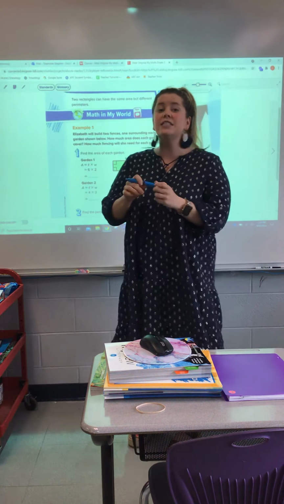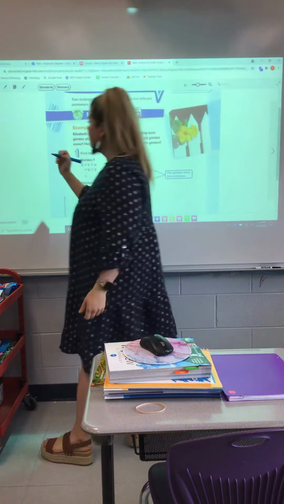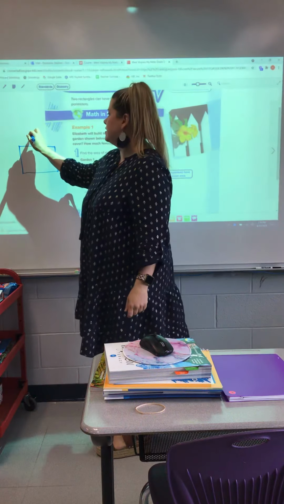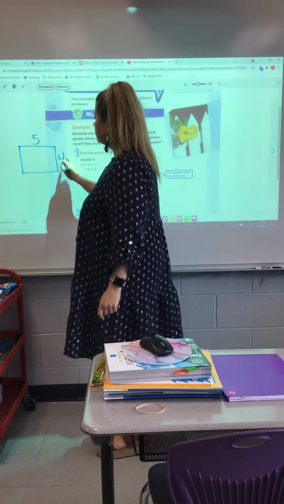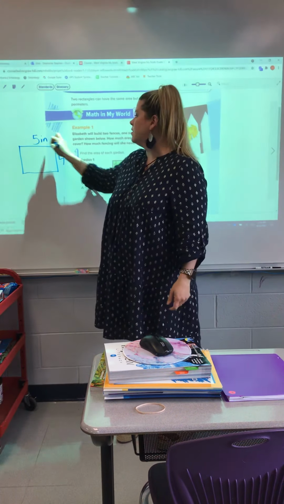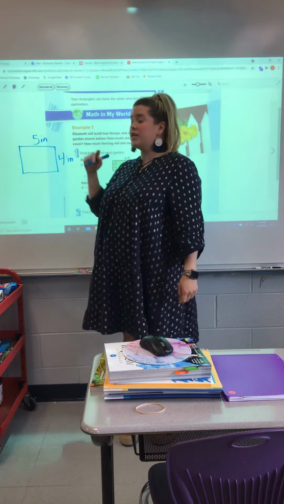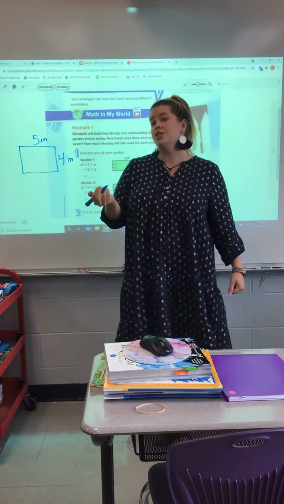Perimeter is the distance around the outside of a shape. If I have a shape that looks like this, it's telling me that this side is 5 inches long, this side is 4 inches long.